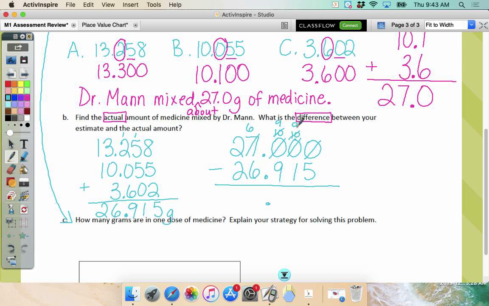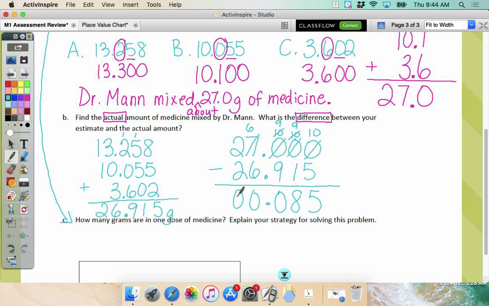This 10 becomes a 9. And that 10 stays at 10. Now, I'm going to tell you on your test tomorrow you're going to have to do that, but actually you have 4 zeros you have to do that on. Okay? All right, so 10 minus 5, 9 minus 1, 9 minus 9, 6 minus 6, 2 minus 2.